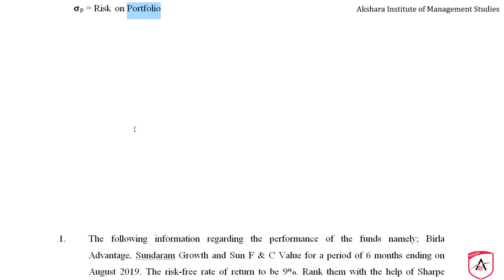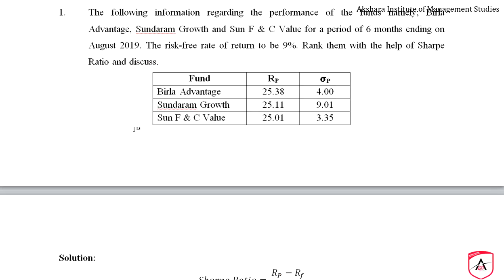I have got a small problem here. Let us study that. The following information regards the performance of the funds, namely Birla Advantage, Sundaram Growth and Sun FNC Value, three stocks, for a period of 6 months ending August 2019. So here we have three funds, three different stocks, which can be said to be three different portfolios also. We are going to study the return for 6 months.